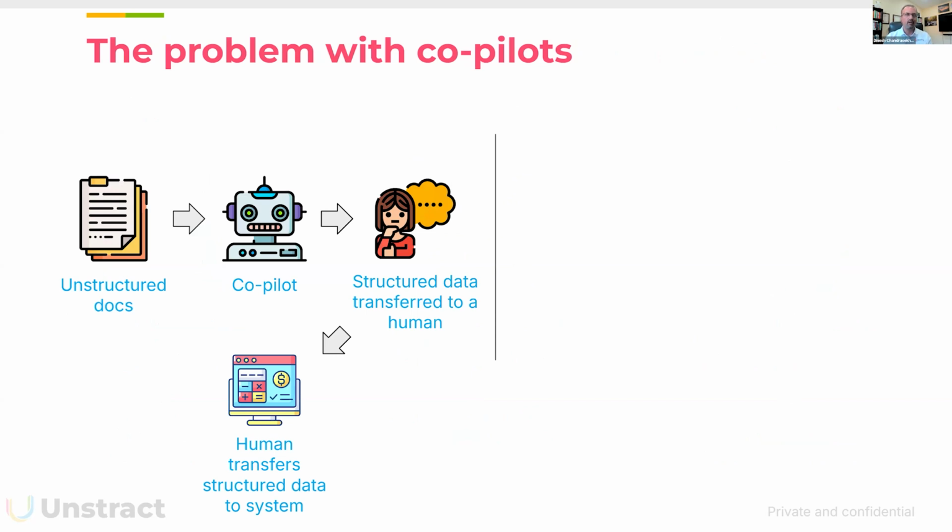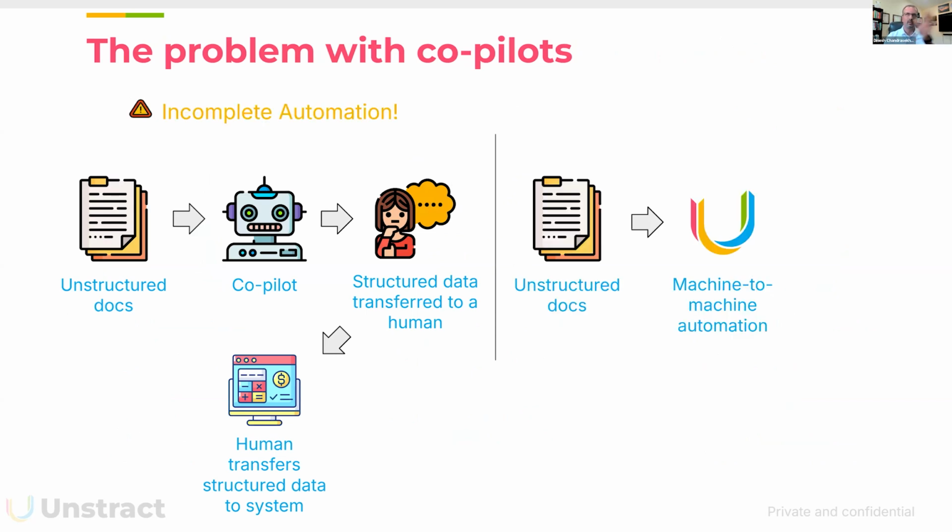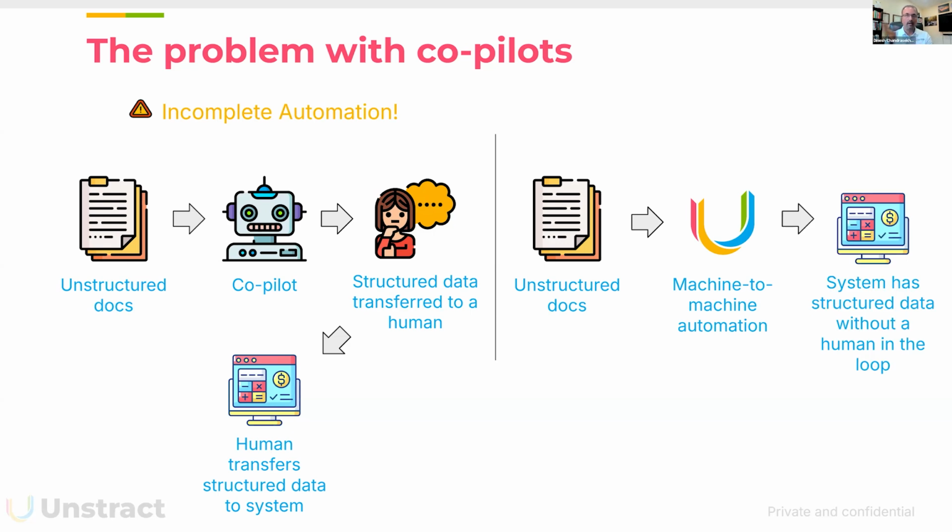What we are talking about here is a machine-to-machine workflow, because the existing one is incomplete automation. What we are getting to with Unstract is a machine-to-machine workflow, right? So take the unstructured documents and run them through this machine-to-machine automation, where it automatically gets into the system through this workflow with very minimal intervention by the human in the loop, if and only if it is needed.